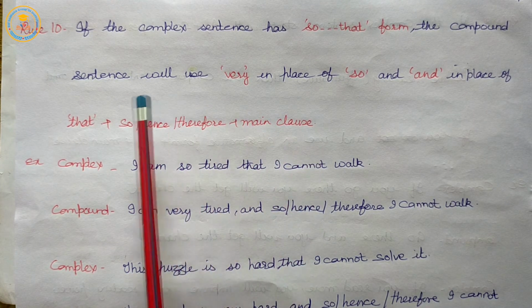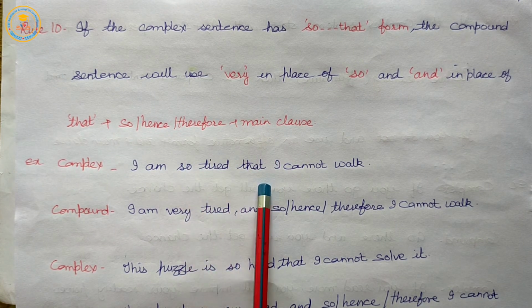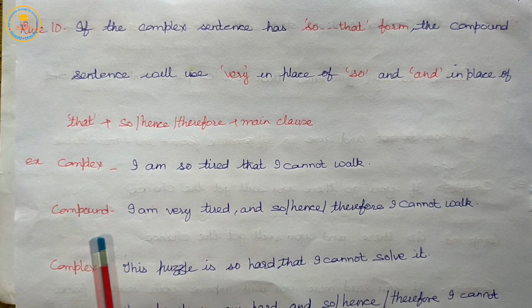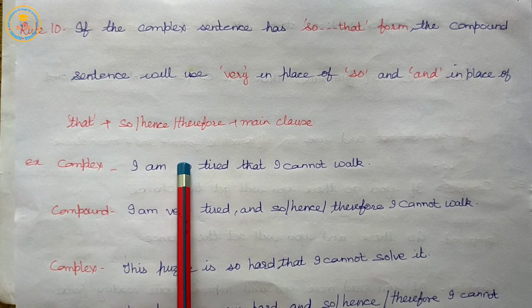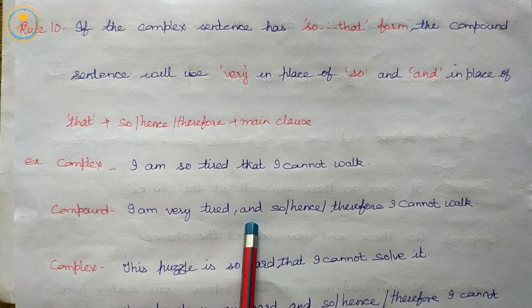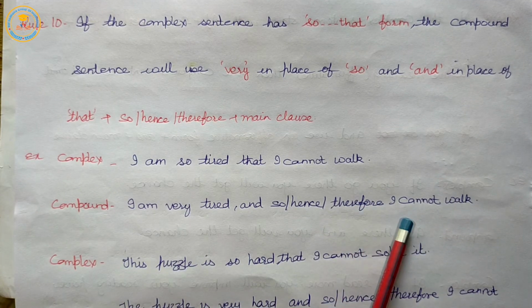Listen carefully. If the complex sentence has so that, then the compound sentence will use very in place of so. Then we will add and, then so, hence, therefore, then main clause. Let us see the example.